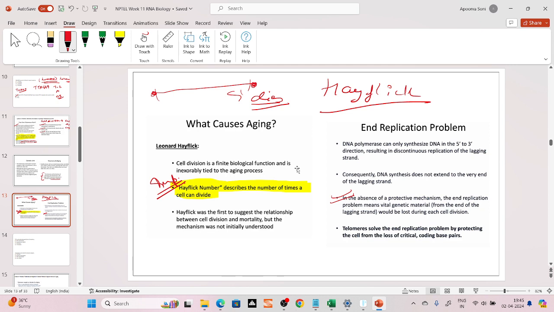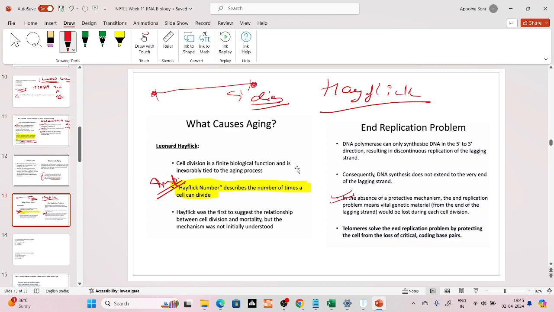Therefore you cannot afford to lose a portion of germ cells with each round of cell division, which is why germ cells have a high expression of telomerase. Somatic cells can afford it because they are responsible for self-renewal, so even if a cell dies after some time, another cell will take over. So no problem.